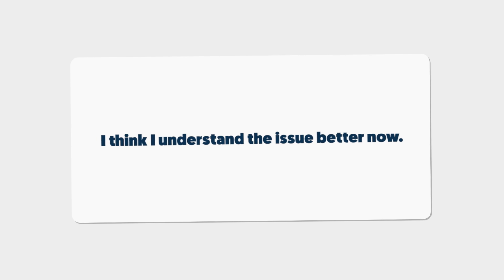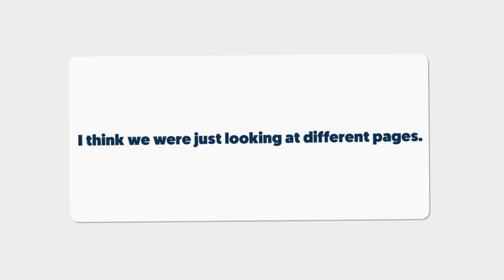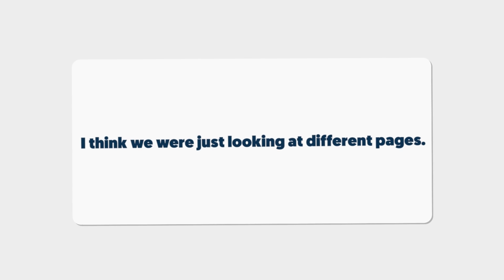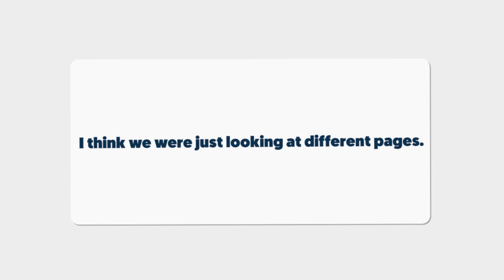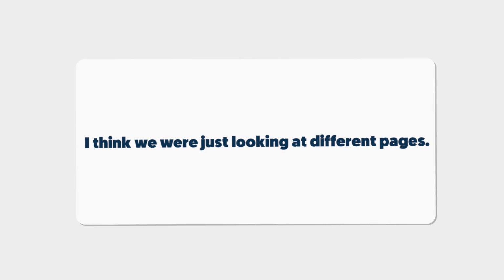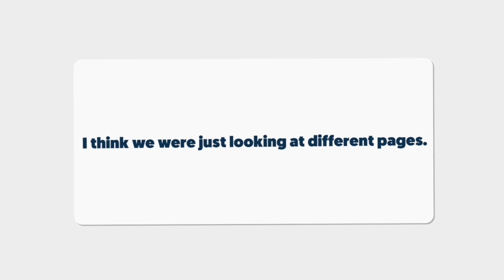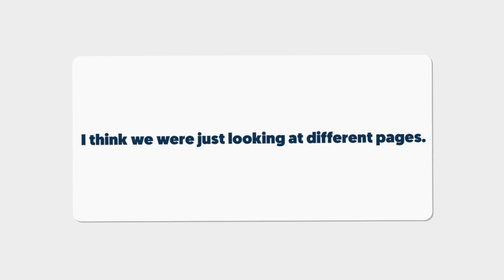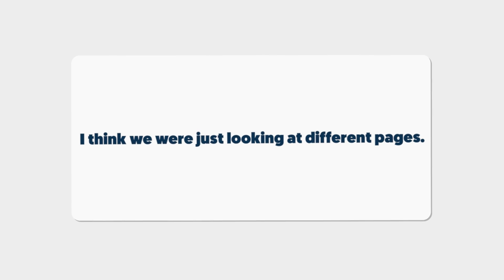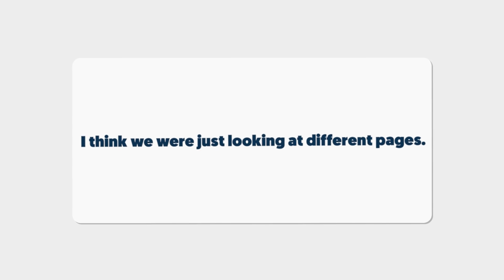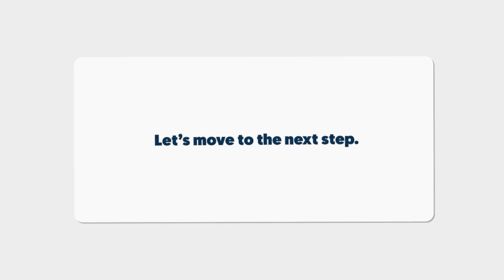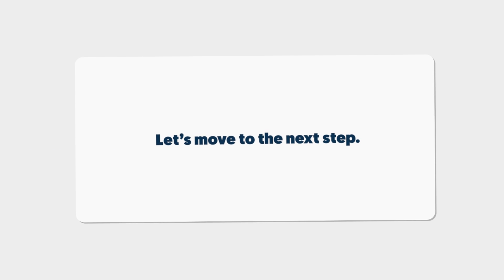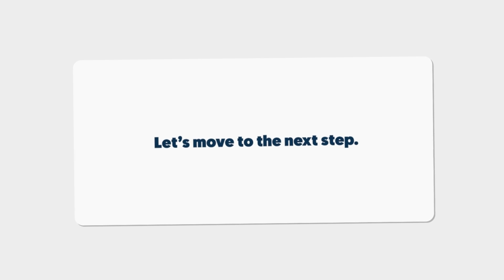Okay, then I think we were just looking at different pages. Maybe you were looking at one page and I was looking at another, and it caused a misunderstanding. So now I've said basically the cause. You want to be careful here not to blame. You're doing the wrong thing. I think we were just looking at different pages. Okay, we've resolved that. Let's move on to the next step, or let's move to the next step.